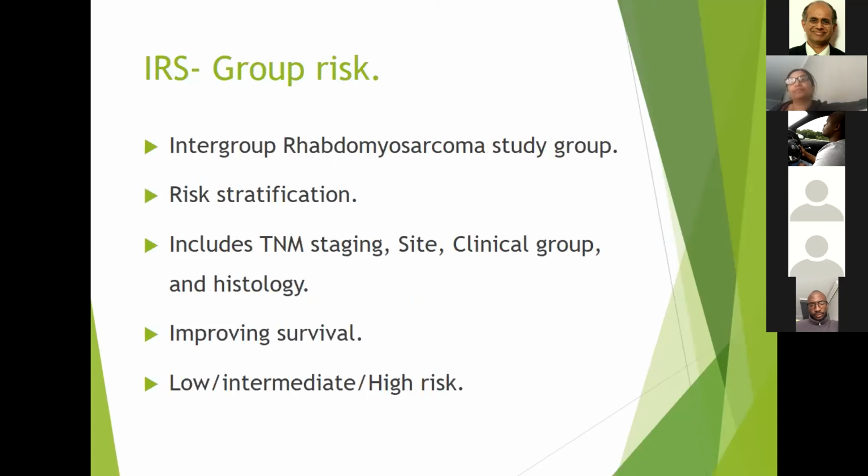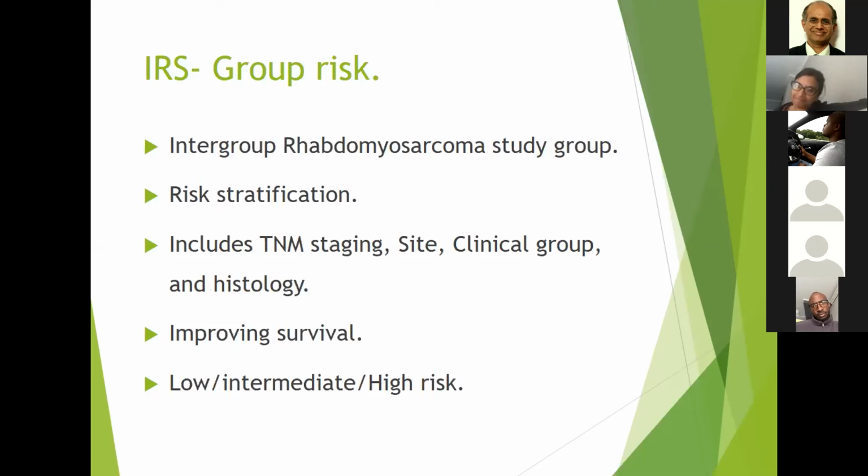Okay, and so there is the IRS group risk. This is the Intergroup Rhabdomyosarcoma Study Group, which started in the 60s and looked at how to improve the management of this condition.